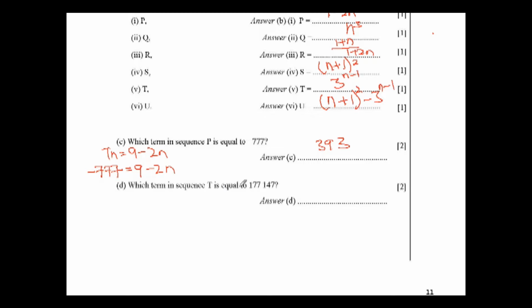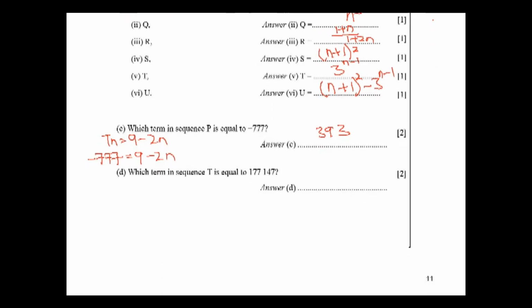Which term in sequence T is equal to 177,147? The nth term for sequence T is 3 to the power of n minus 1. So 3 to the power of n minus 1 equals 177,147.